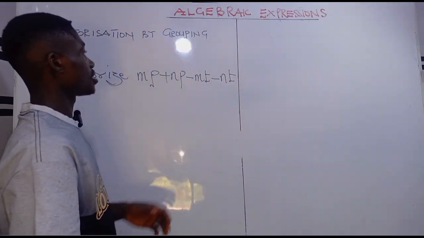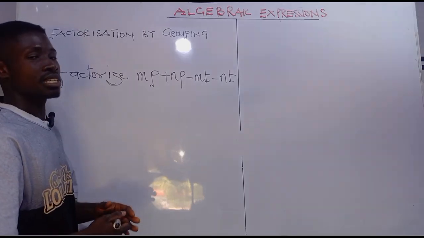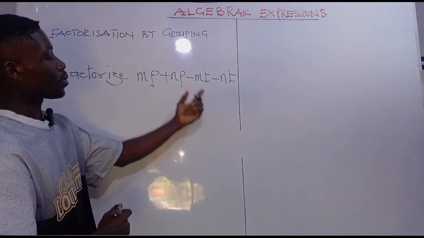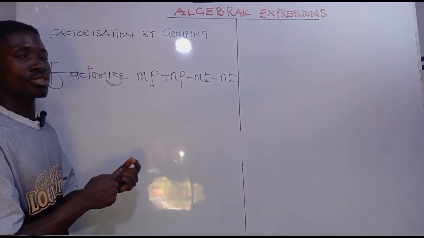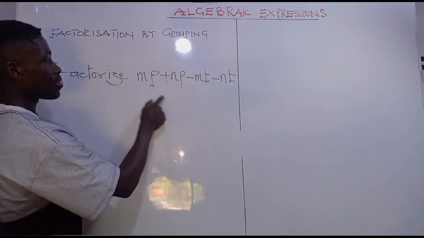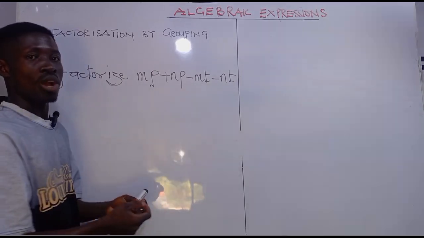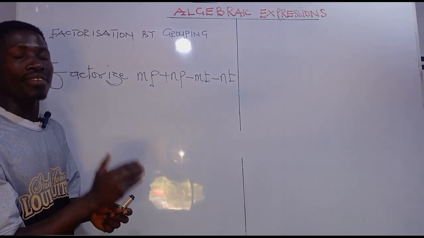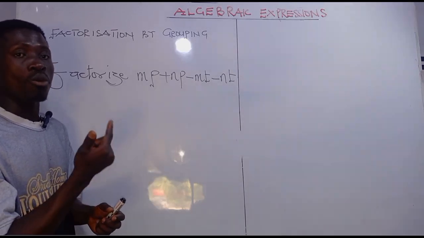So we have our first example. We have to factorize this algebraic expression. So we have four terms, right? 1, 2, 3, and then 4. So as I intimated earlier on, to factorize algebraic expression with four terms, we are going to group the terms such that each pair can have a common variable, a common factor.